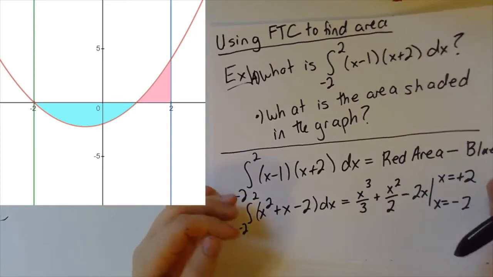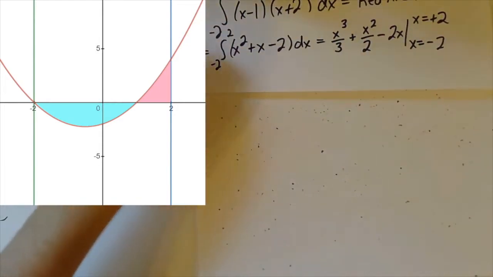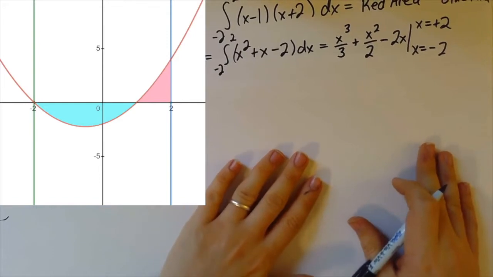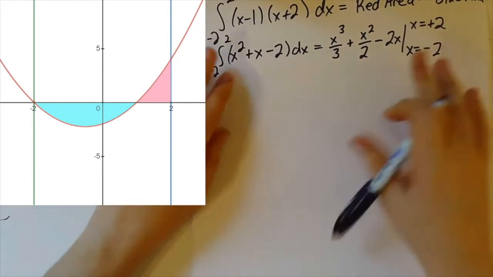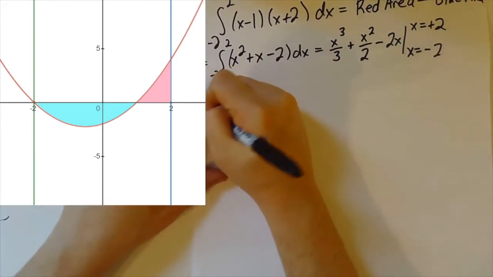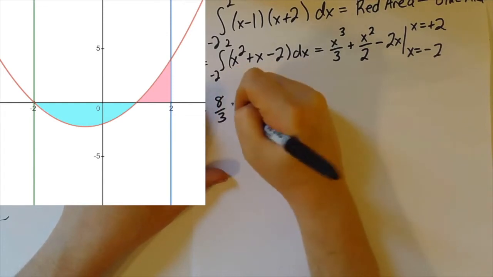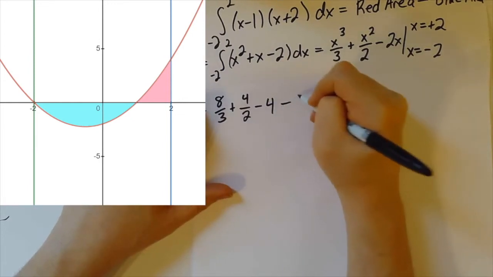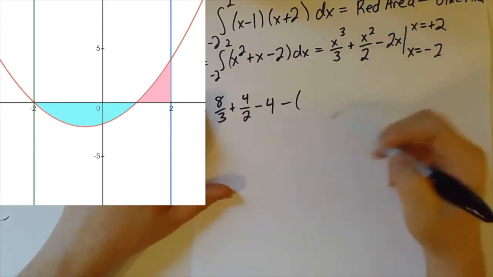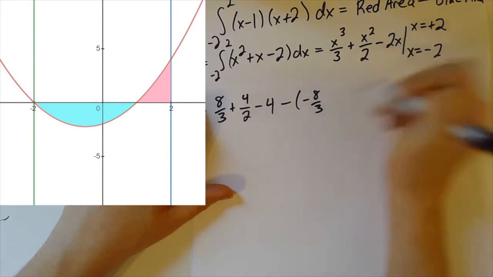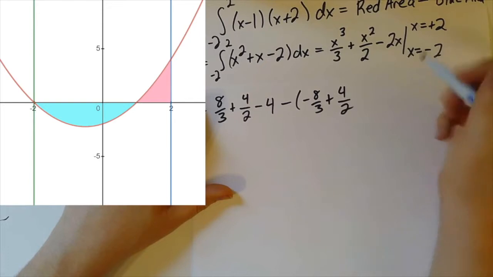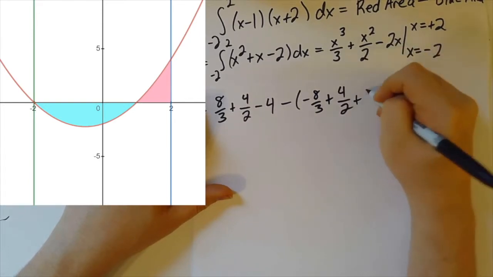And so if I continue this onto the next page, that's going to work out to be 8 over 3 plus 4 over 2 minus 4, minus, and then don't forget to put all of these parentheses, minus 8/3 plus 4/2, and then minus a minus 4, so that's +4.